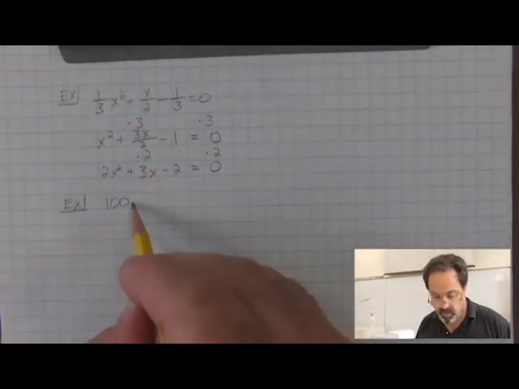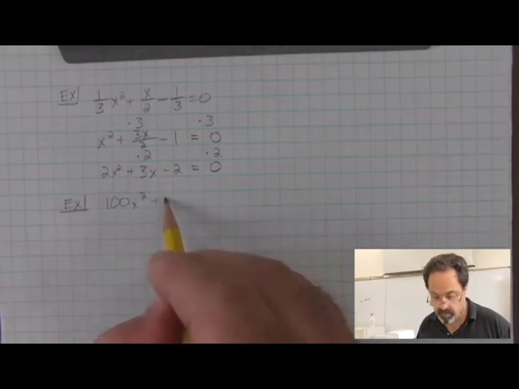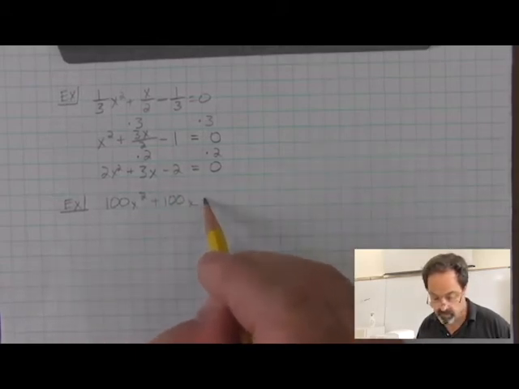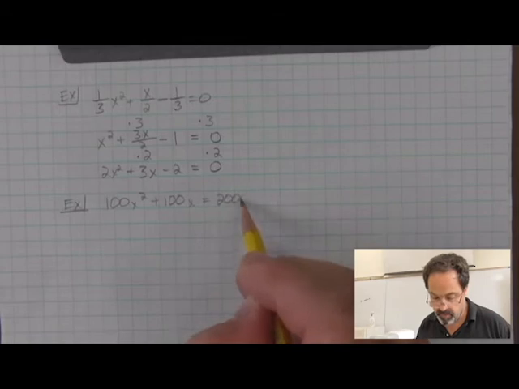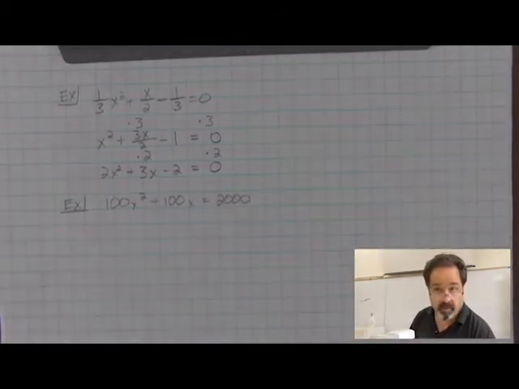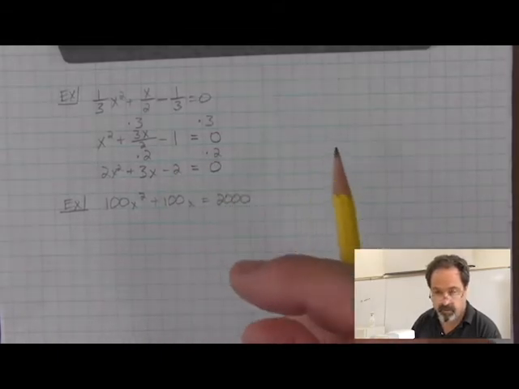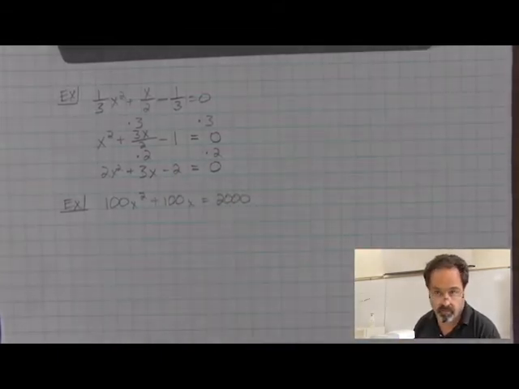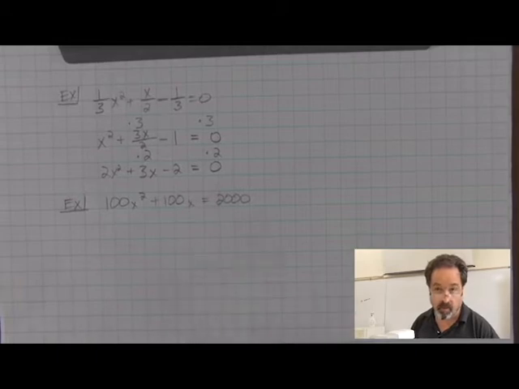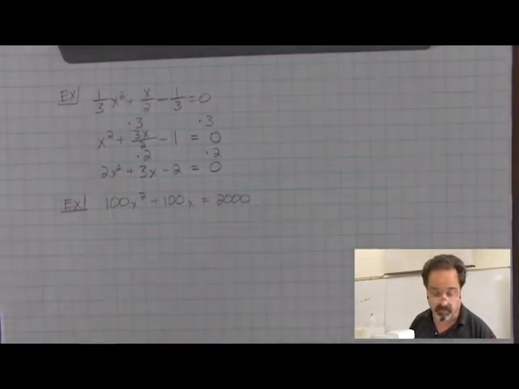The equation 100x squared plus 100x equals 2000 is also quadratic. I could move the 2000 to the other side, and I would have coefficients of 100, 100, and negative 2000. If we're going to use numbers that large in the quadratic formula, then we're going to have a whole lot of places and big numbers to keep track of.